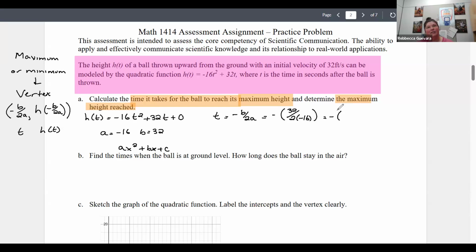This is just going to be negative of 32 over negative 32, or negative negative 1, which turns into positive 1. So time is just going to be 1 second. So it just takes me 1 second to reach max height.